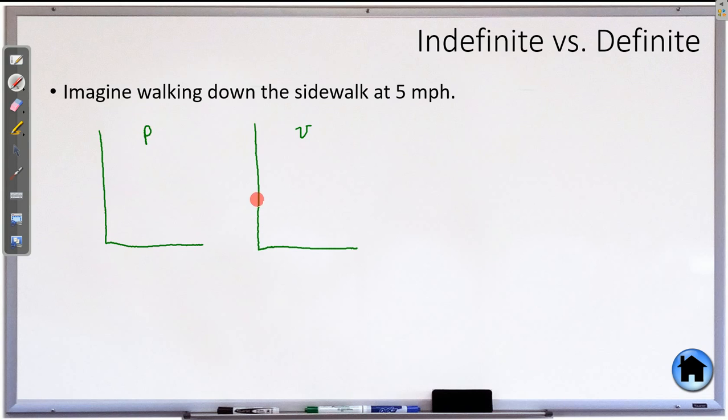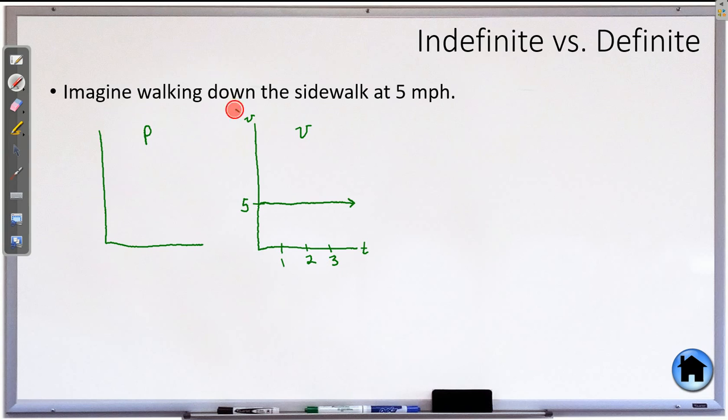So if we're walking along at 5 miles per hour, our velocity graph is nice and boring. It will be a horizontal line right here at 5. And you can go 1 hour, 2 hours, nice long walk, 3 hours.